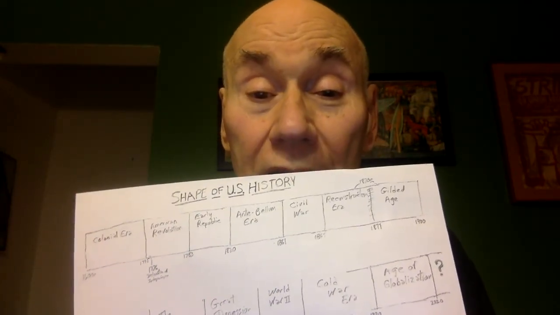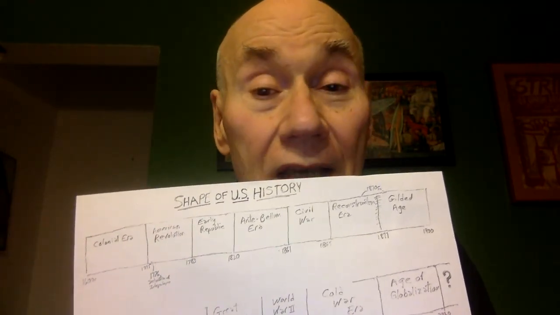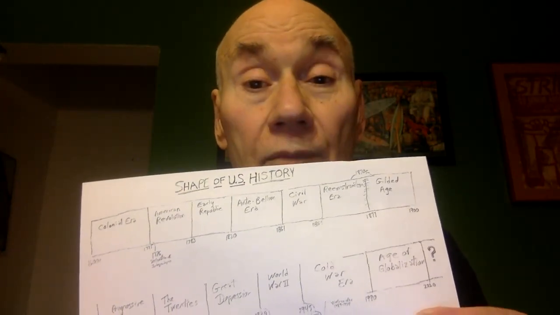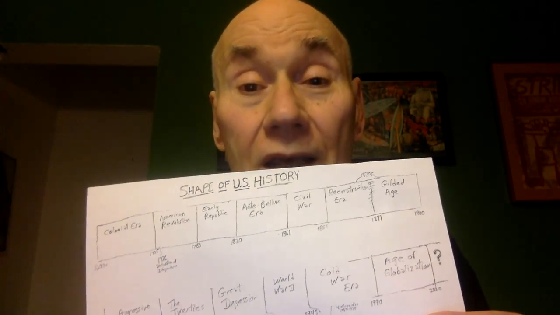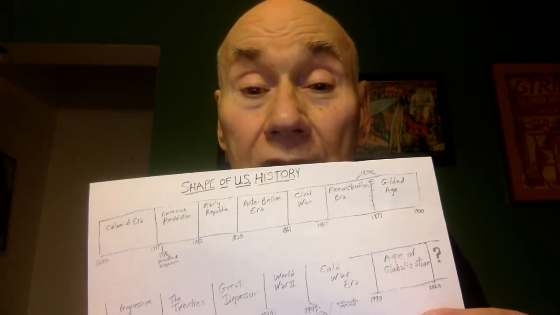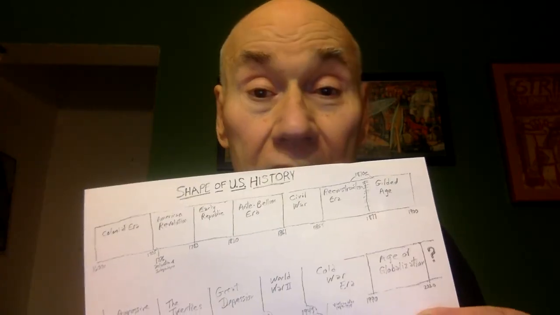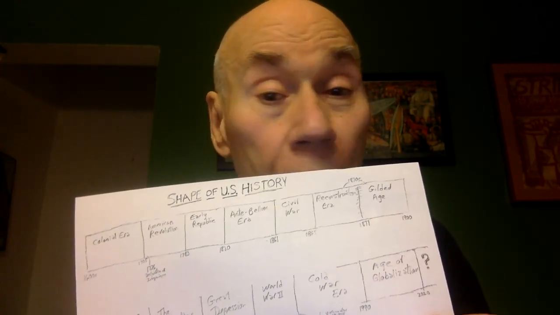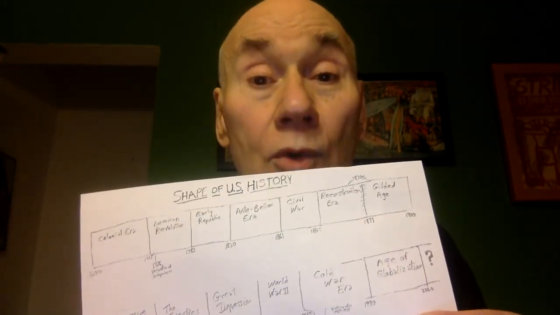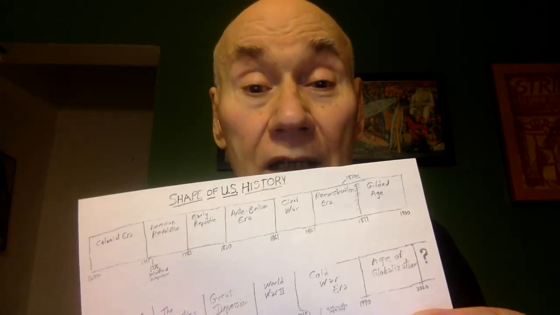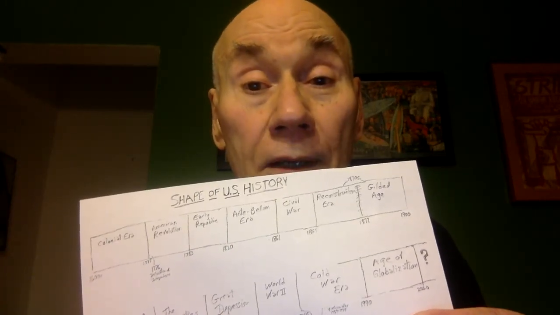Although it's only 1776 that the colonies declare that they are independent, United States of America. What they set up is not a democracy, and they were not claiming to set up a democracy. Some of the founding fathers were not in favor of a democracy, but what they were in favor of was government by elected representatives. They were in favor of a republic.